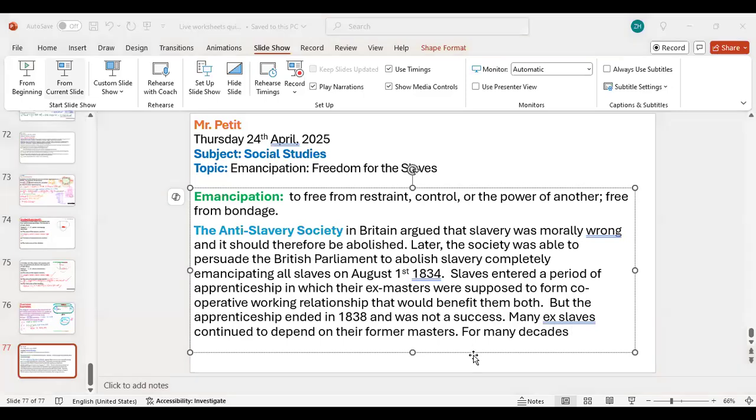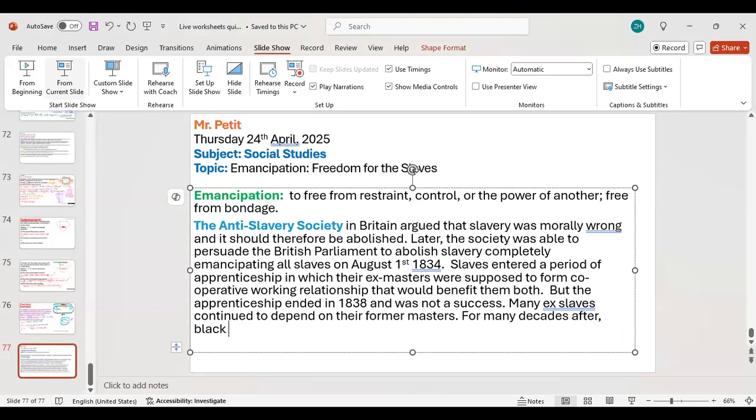For many decades after, blacks, this is coming back to Jasmine's point, right? Free but not equal. Freedom but not equality, right?